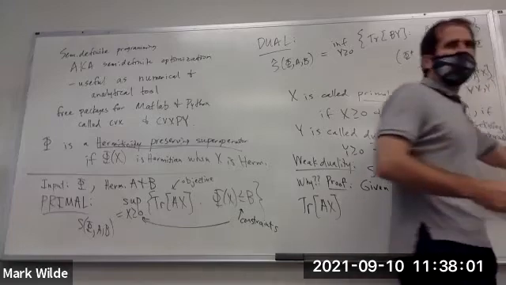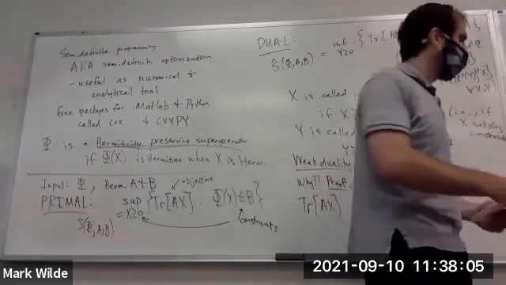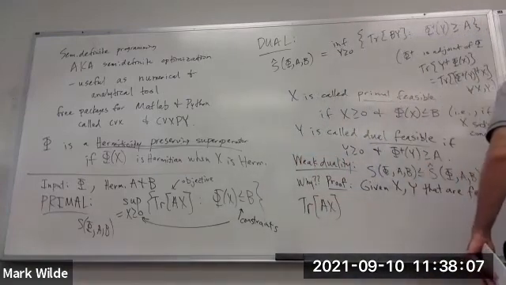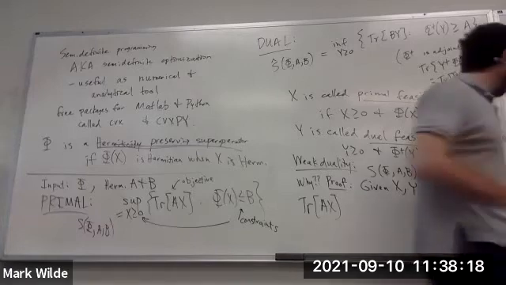If C is Hermitian, you can do a spectral decomposition. All these eigenvalues are non-negative. Same for D. These eigenvalues are non-negative.